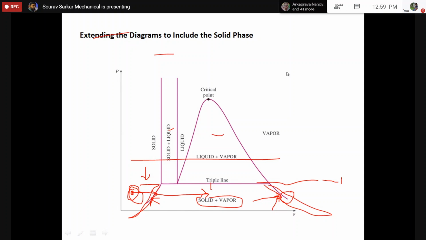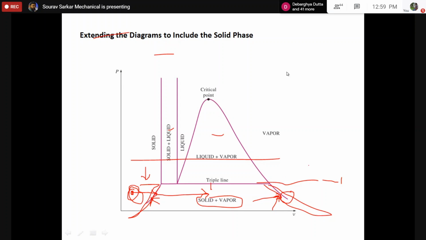There is a pressure where ice can convert into vapor, but that pressure is very low. But for camphor or maybe naphthalene, the whole solid converts into vapor at atmospheric pressure itself.